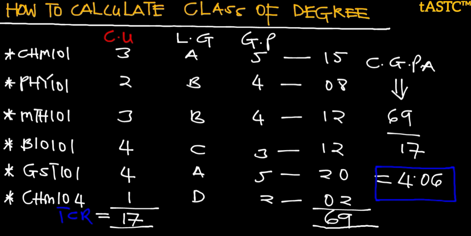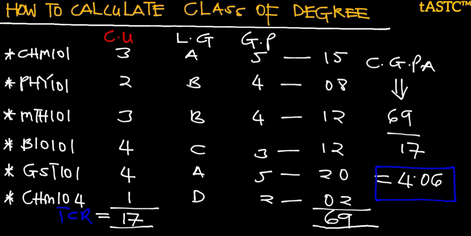Now, where does this CGPA belong? Does it belong to a first class, a second class upper, a second class lower, or a third? Now, this obviously doesn't belong to a first class because it does not reach up to a 4.5, which is the lower threshold for a first class CGPA.